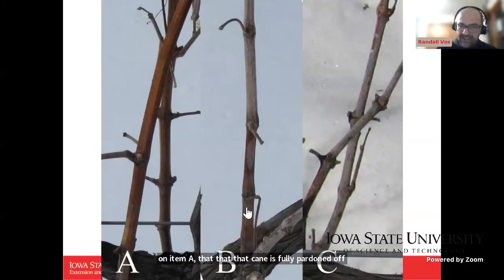On cane B, you can kind of see where in the middle, anything above it is dead. And on cane C, basically everything is dead. So nothing on that cane is alive. So don't prune to dead canes. And by only keeping the dark colored canes, we tip the balance towards that. We select against those. So even without having to cut through them, if we're only keeping the darker colored canes, we're getting rid of those dead ones.